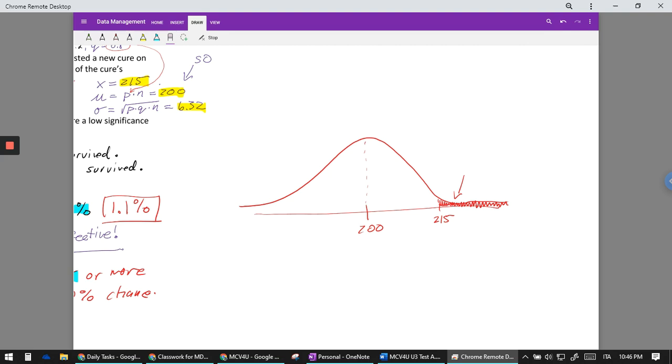Because basically what we're doing is we're making a hypothesis test here, trying to determine if this cure made some sort of miraculous number of pigs survive. Okay, well, how would we know if a miraculous number of pigs survived?